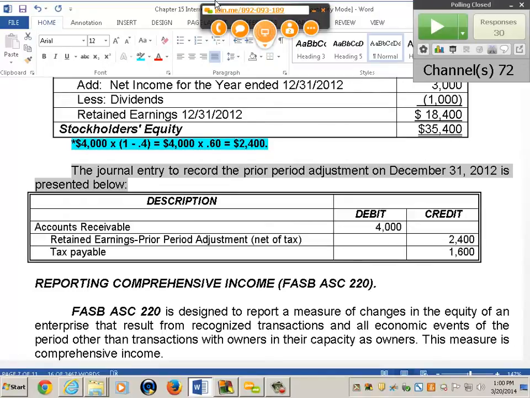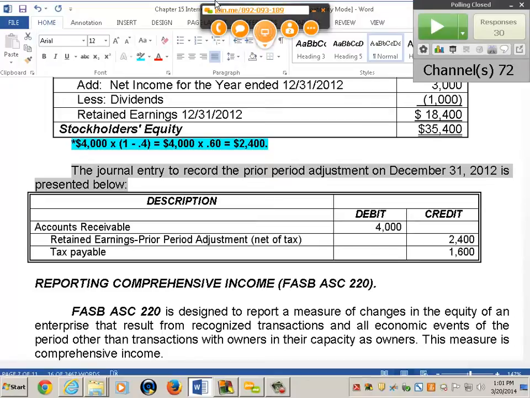Somebody help me. What would you have done if the error was not made? All right, so help me with the entries. You got a sale of $4,000. What do you do there? Right, sales.